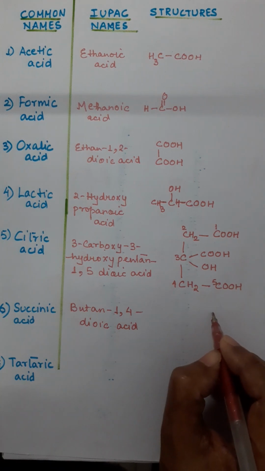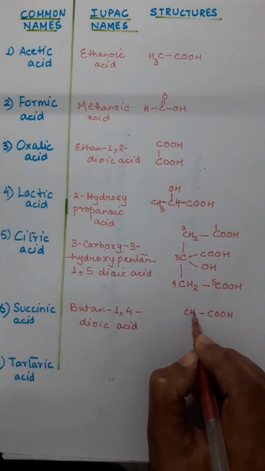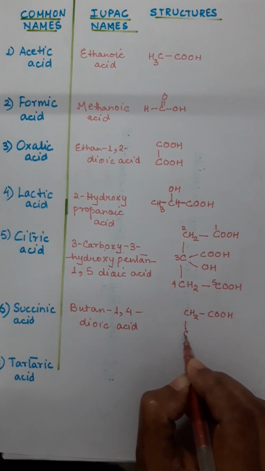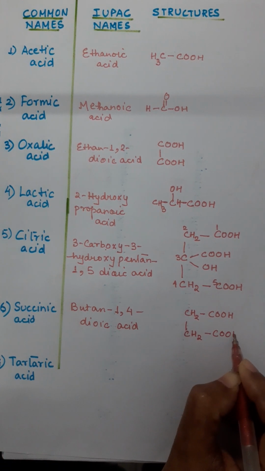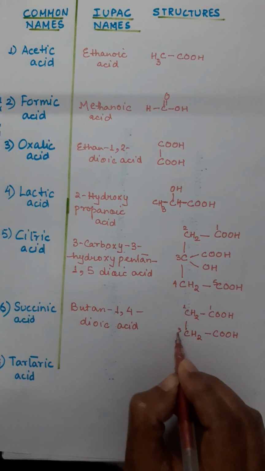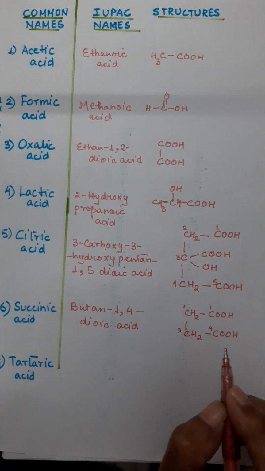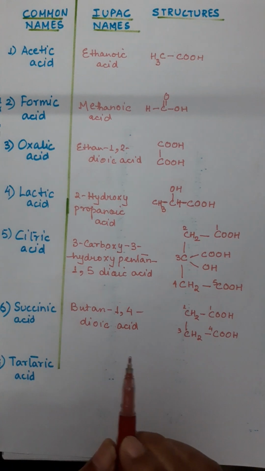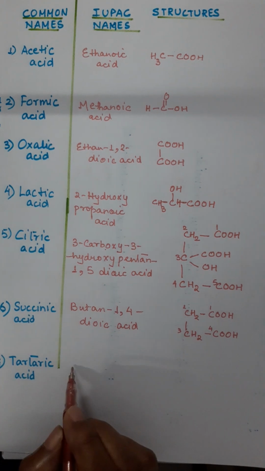So again, if I write in the longer form, COOH, then this is CH2, then this is CH2, and then this is COOH. So the first carbon 1, 2, 3 and 4. So first and the fourth carbon are oic acid. So 1,4 dioic acid.